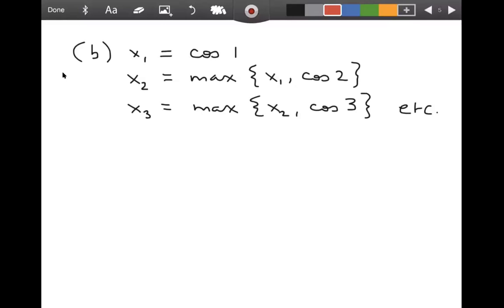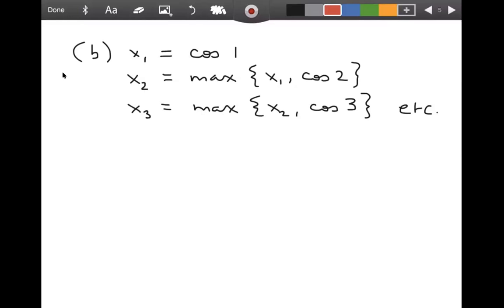The first term is cosine 1. The second term is either cosine 1 or cosine 2, whichever one is bigger. And I was looking at my calculator a few moments ago, and I found that, in fact, cosine 1 is bigger than cosine 2. So that would mean that x2 is still cosine 1.